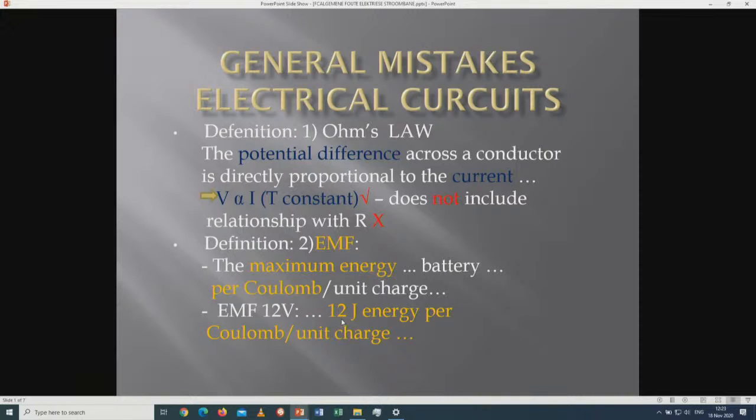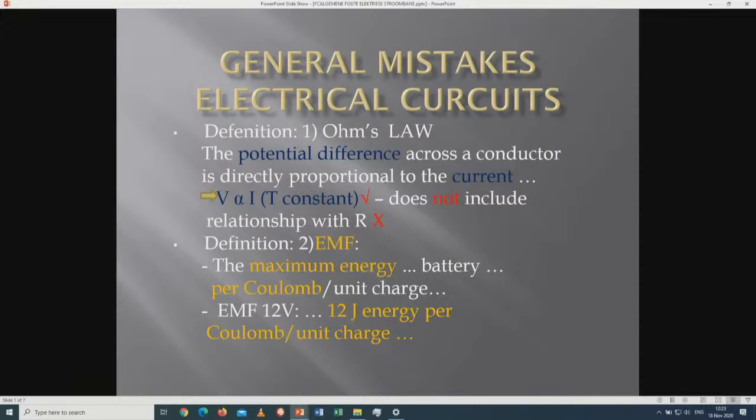Now you can state that the EMF of 12 volt indicates that the battery is giving the maximum energy of 12 joule of energy per Coulomb charge. 12 joule of energy delivered per Coulomb charge by that cell or battery. So the maximum energy is now just 12 joules per Coulomb charge.